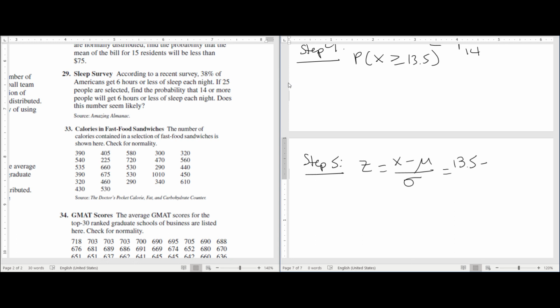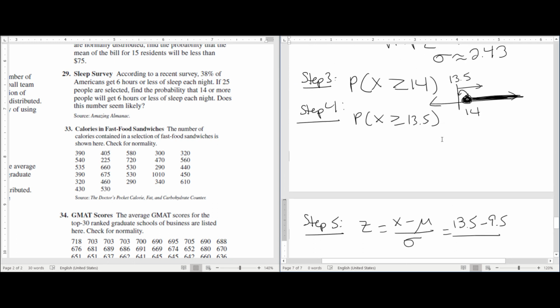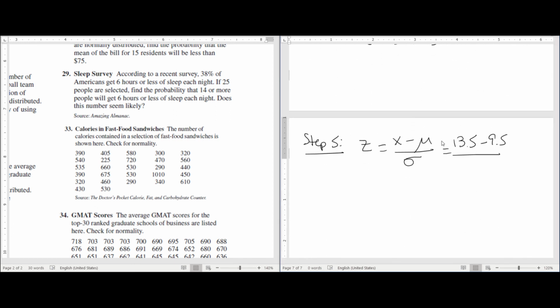The mu we calculated was 9.5. The sigma we calculated was 2.43. We'll calculate that, see what that is. I get about 1.65 for my z.